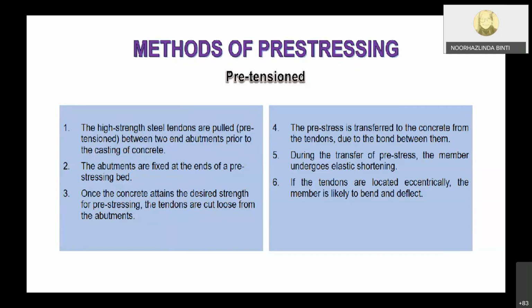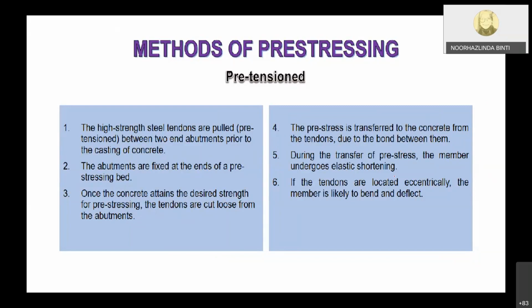Let's say you design for 50, maybe 60% for the 50, 30, for example. Once the concrete attains 30 design strength, then we cut the tendon that we have pre-tension at the early stage of this process. So the pre-stress is transferred to the concrete from the tendons due to the bond between them.